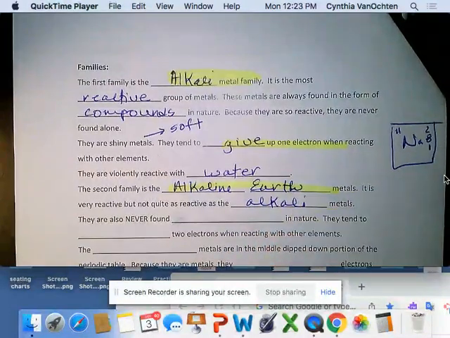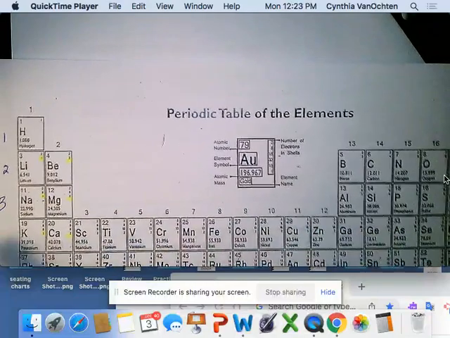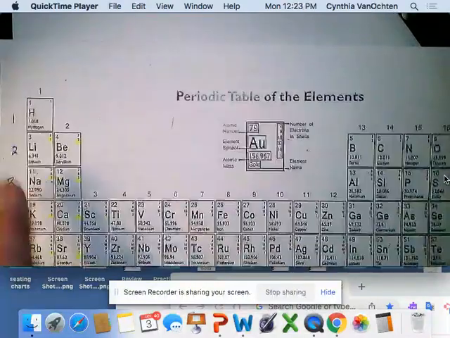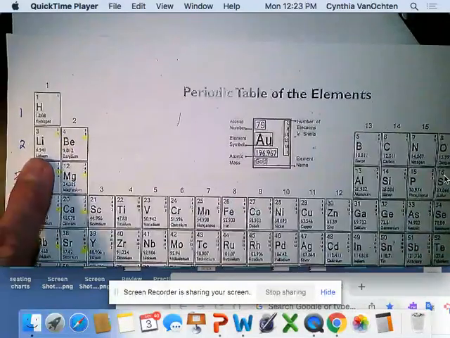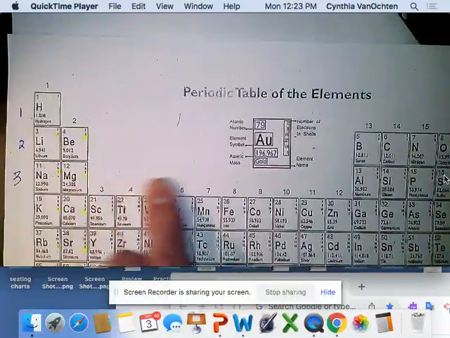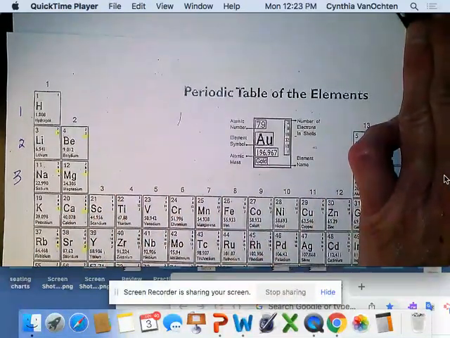Remember, we talked about before that as we move from left to right, from here to here, just within the metals, just where the transitions end, the reactivities of the metals get less and less and less. With the most reactive here, a little less reactive, just within the metals though, okay?